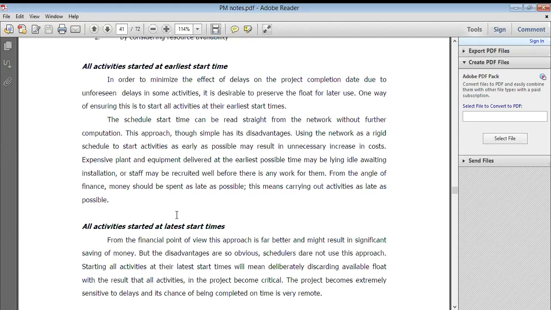Means you start the installation on time and you finish installation on time, or staff may be recruited well before there is any work for them, or you just recruited expert people, those who finish work on time, right? So from the angle of finance, money should be spent as late as possible. This means carrying out activities as late as possible. So everything you require so that you finish your project on time.